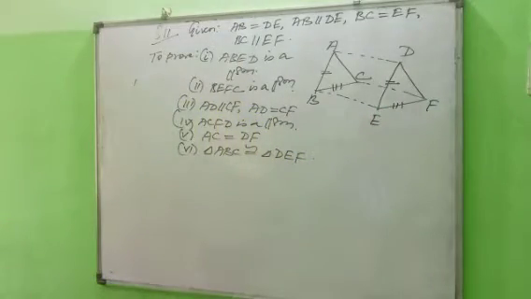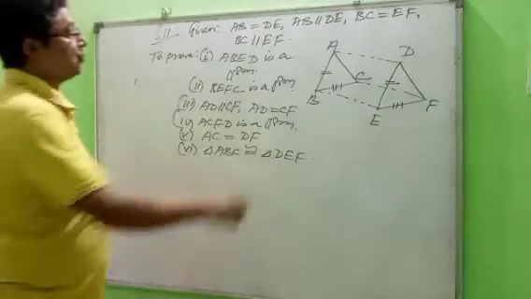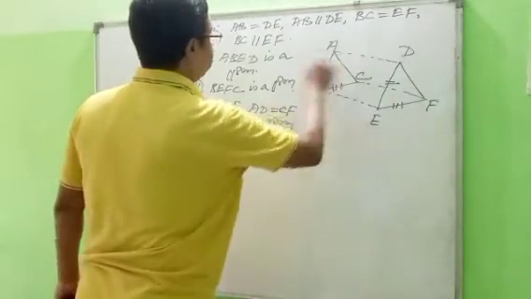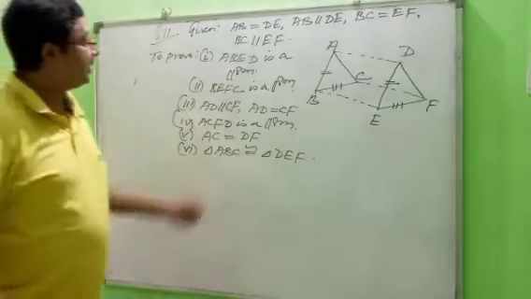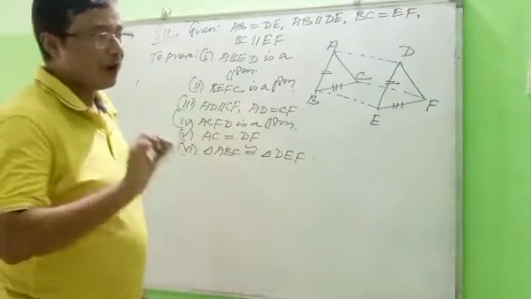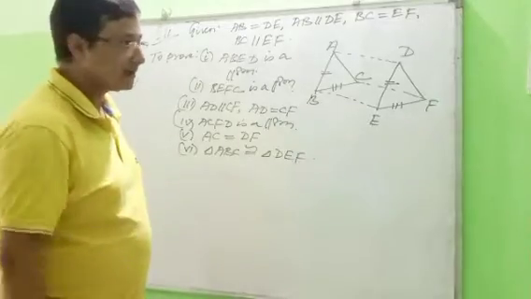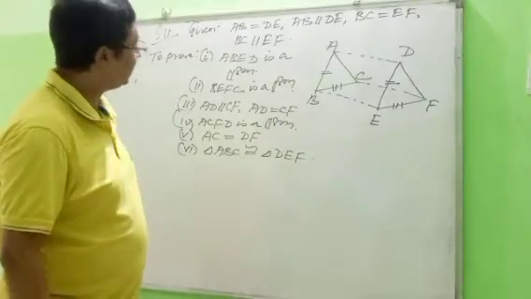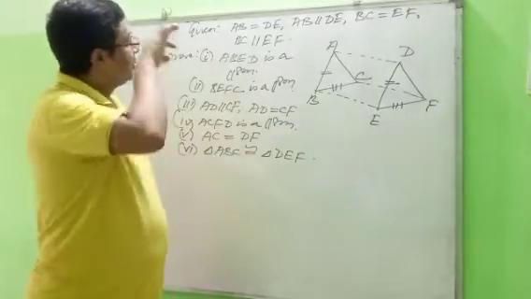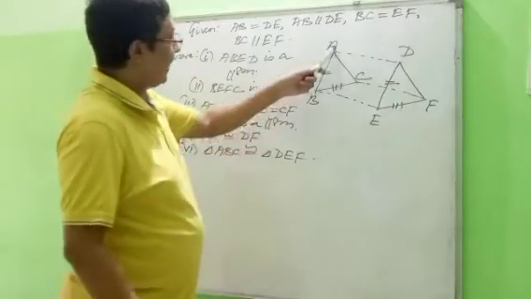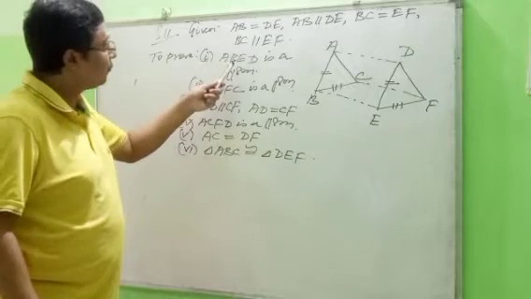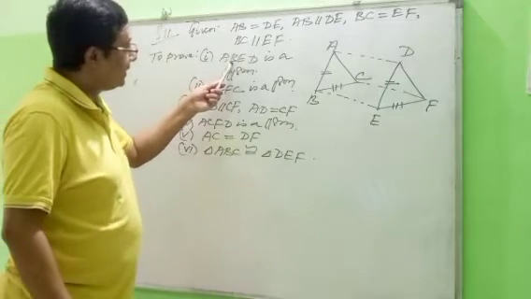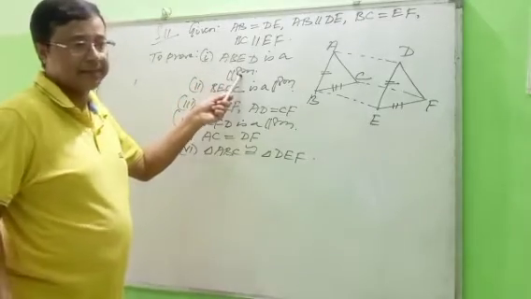Now to prove that ABED is a parallelogram. So as I have told you that to be a parallelogram, one of the 4 conditions must prevail. So now let us see. In this quadrilateral ABED, you have to prove that ABED should be a parallelogram.